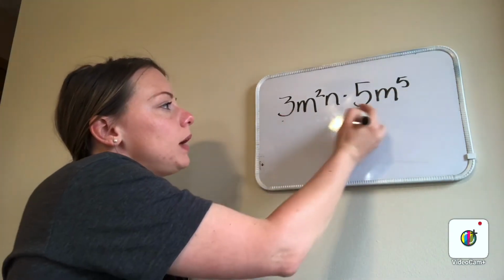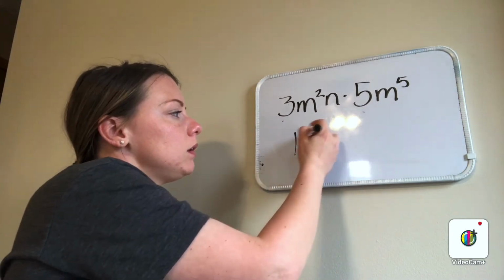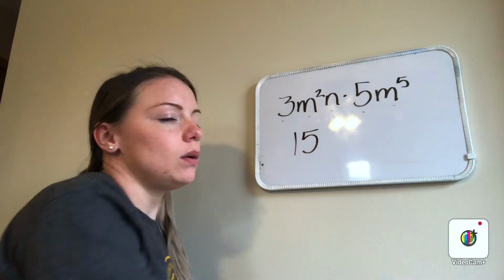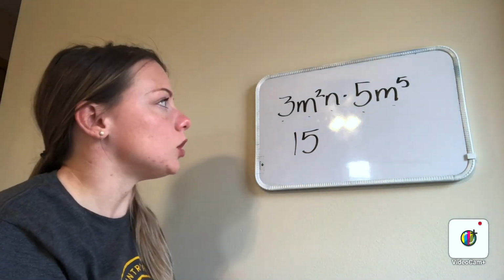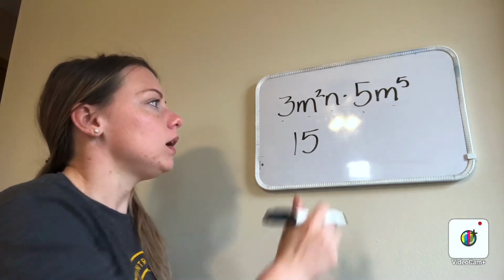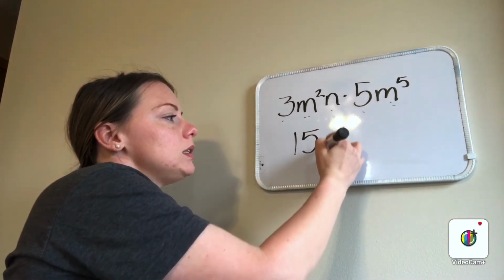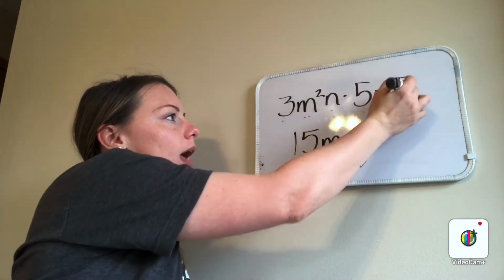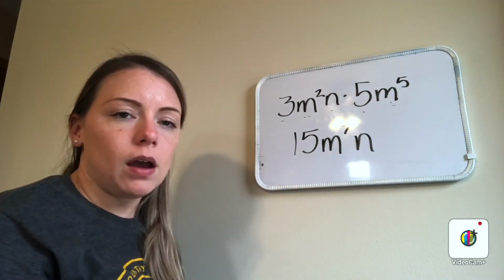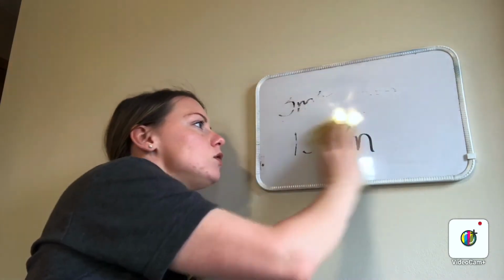We would multiply the coefficients, and then our rule would apply for what would be considered our powers, which are m squared n and n to the 5th power. I have m, which is the same, so keep those the same and add your exponents, and then n stays put. All right, so that's the review of your first property.